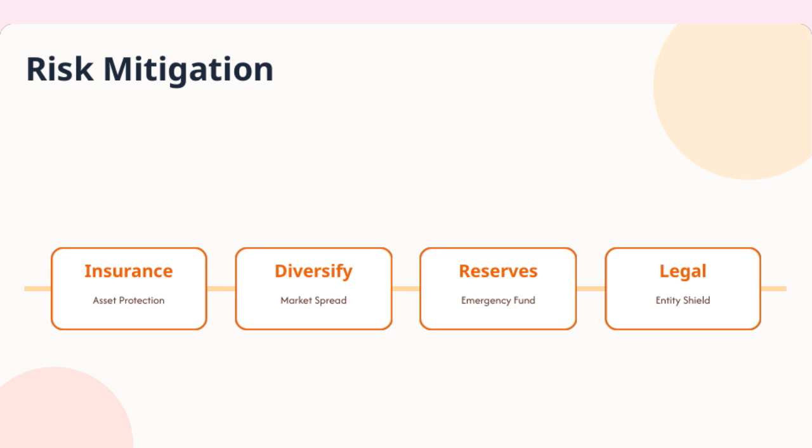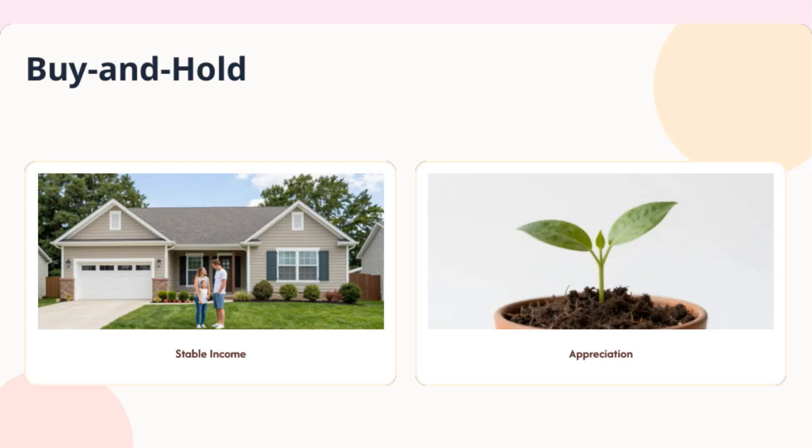Finally, risk mitigation encompasses all these strategies. It's about proactively identifying risks and implementing measures to minimize their impact. Together, these points create a comprehensive approach to safeguarding your assets, aligning perfectly with our overall theme of building a resilient financial foundation.